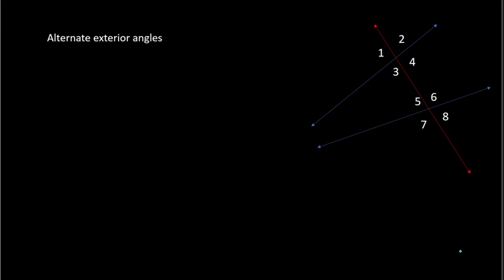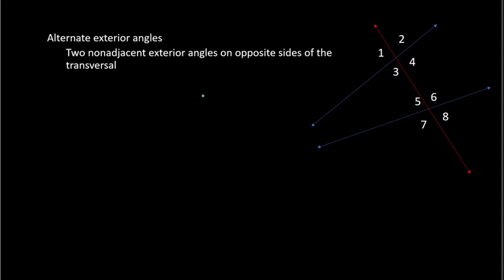Next we have alternate exterior angles. So same exact idea. These are two non-adjacent exterior angles on opposite sides of the transversal. Non-adjacent just means that they're not touching. So they are exterior angles, so we're looking at 1, 2, 7, and 8. And they're on opposite sides of the transversal.